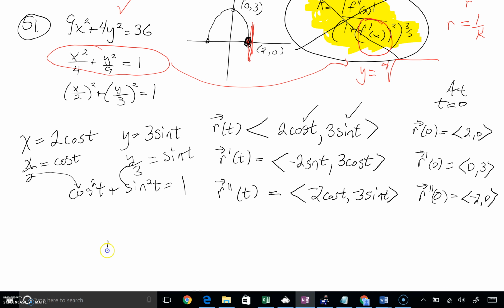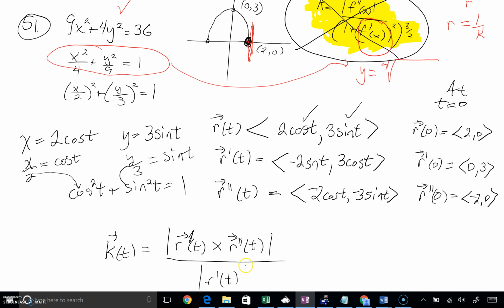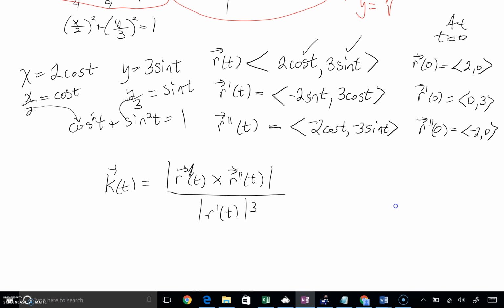Well, we're going to have to use this formula: kappa is going to be the magnitude of the cross product of r prime of t and r double prime of t, divided by the magnitude of r prime of t, cubed. That means if we want the curvature at 0, we're going to take r prime of 0 and cross that with r double prime of 0.